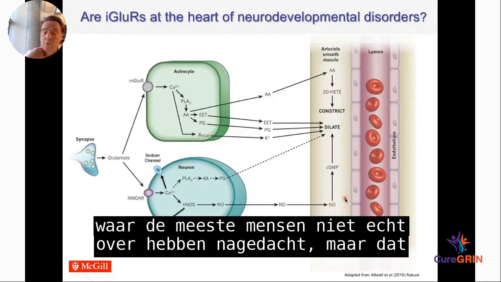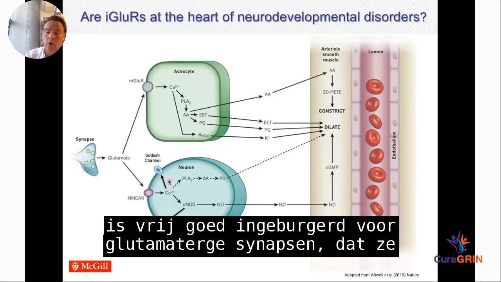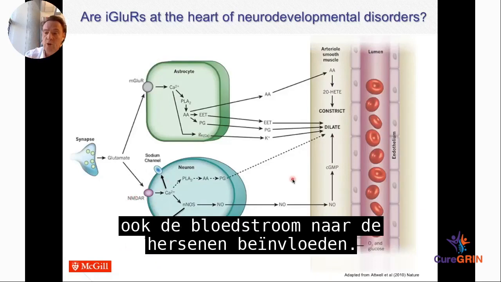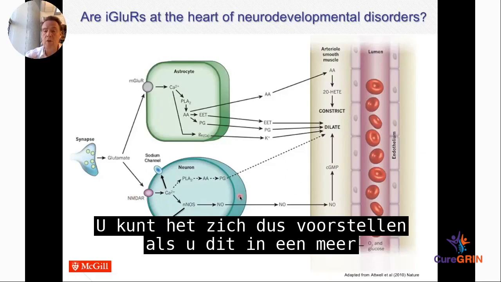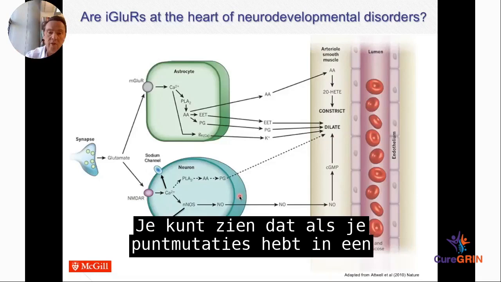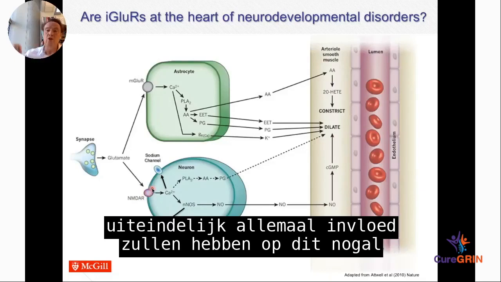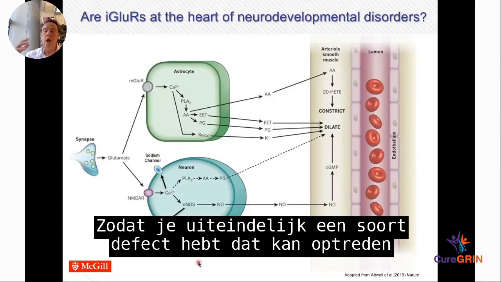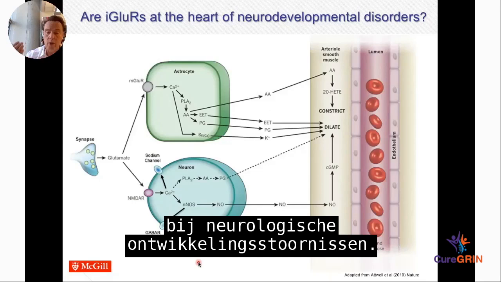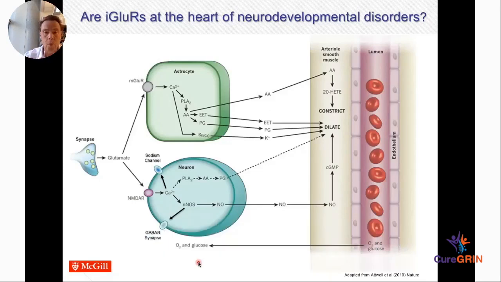And that's something that most people haven't really been thinking about, but that's something that's pretty well established for glutamatergic synapses, that they're also affecting the blood flow into the brain. So you can imagine, if you look at this in a more holistic sense, that if you have point mutations in a sodium channel or NMDA receptor or AMPA receptor, they will all eventually impact this rather large bit of physiology, so that in the end, you have some sort of defect that may play out in neurodevelopmental disorders.